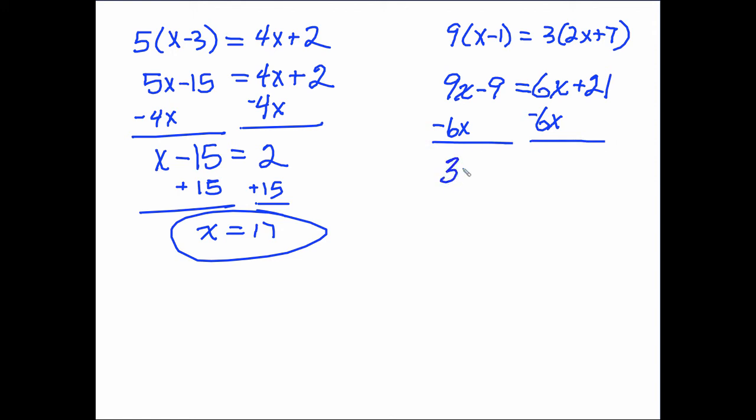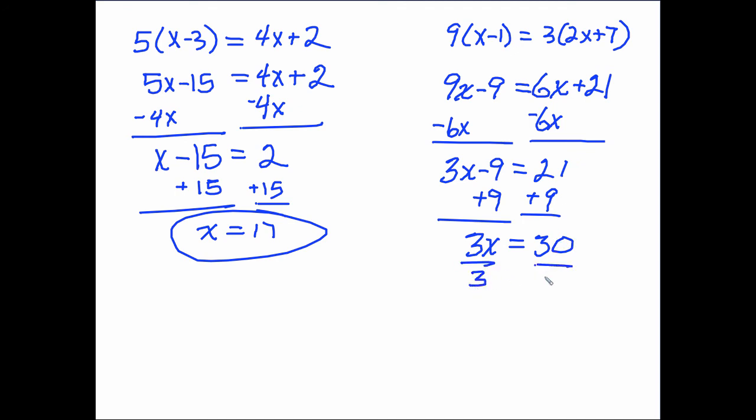So that will give us 3x minus 9 equals 21. Whoops, that should be 21. Then we can add 9 to each side, and we'll get 3x equals 30. And divide each side by 3, and we get x equals 10. And there's our solution.